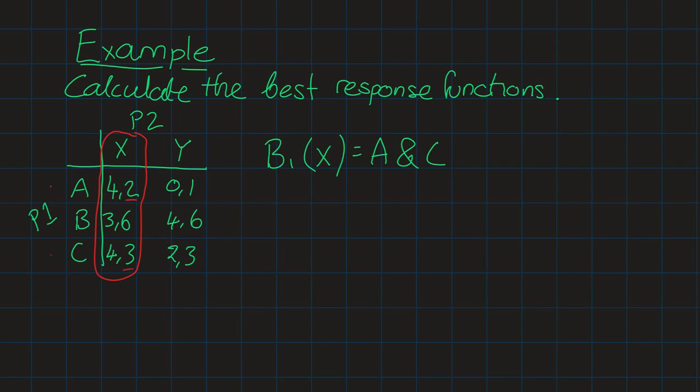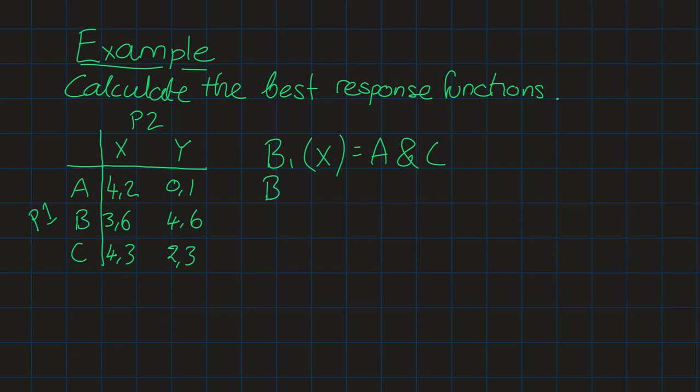So you might think it's better for player 1 to choose A. That way, player 2 gets fewer points. But when you're talking about best response functions, you don't care about how well your opponent does. All you care about is how well you do. So you just ignore the numbers 2 and 3. They're not relevant for player 1 when player 1 is calculating the best response functions. So the answer for the best response for player 1, if player 2 chooses X, is A and C.